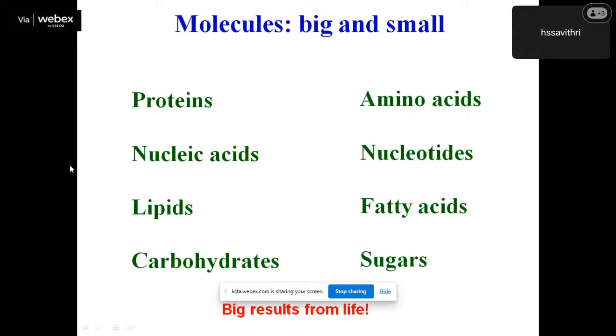You will also find smaller molecules such as amino acids, nucleotides, fatty acids, and sugars. These small molecules are not very specific to Earth. People have found remnants of these molecules in asteroids. Asteroids may have carbon, water, and nitrogenous salts, and such asteroids could have these small molecules.